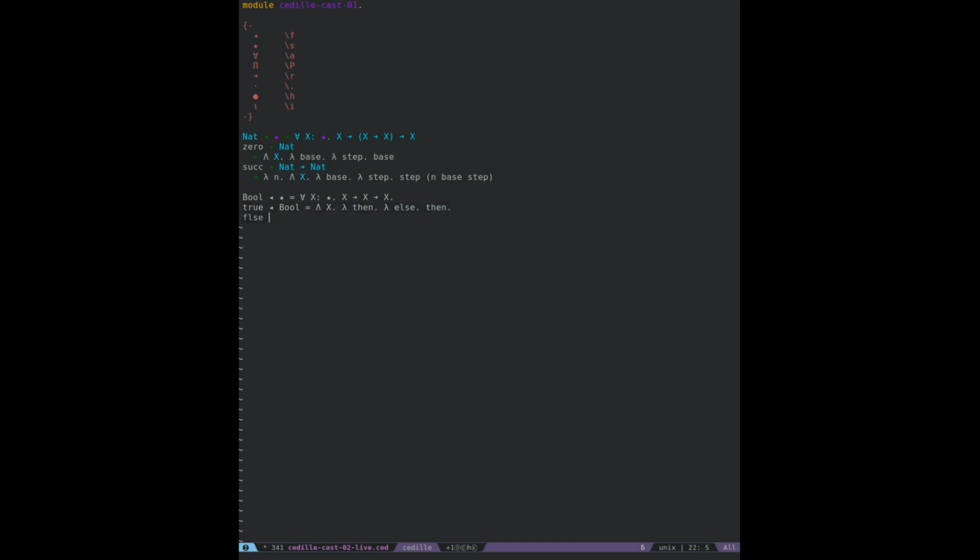And false, also bool, takes the then and else case and returns the else case. So ordinarily, languages with primitive inductive data types don't allow us to equate two terms of two different types.